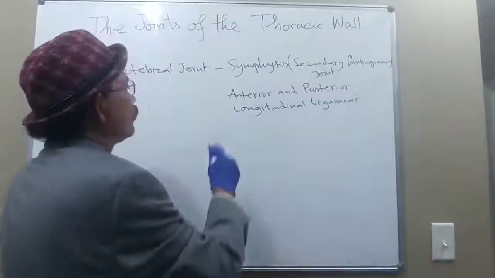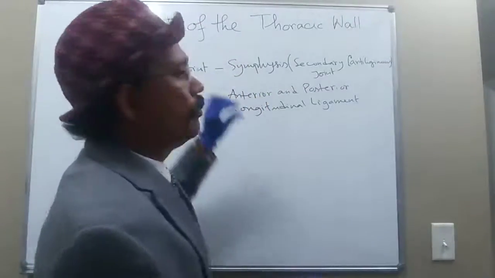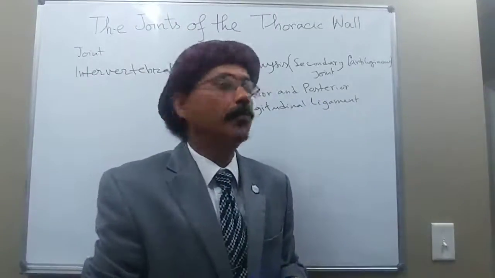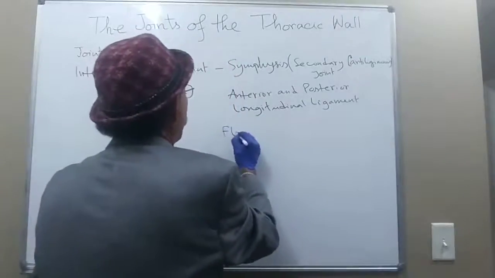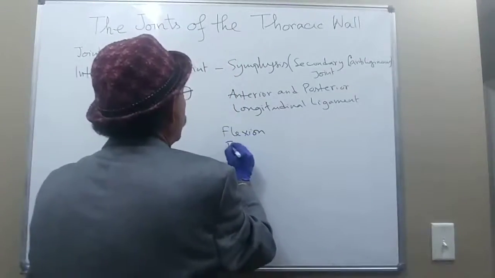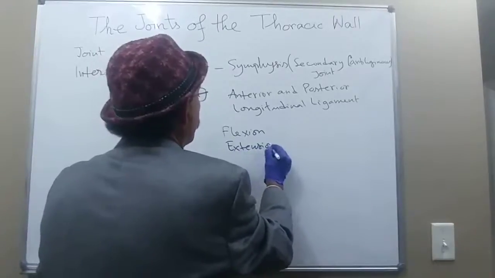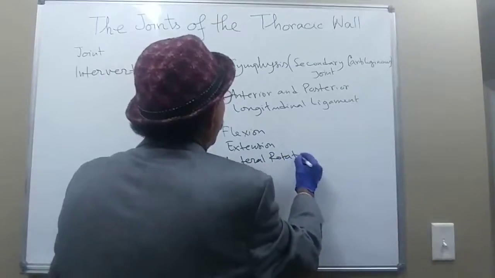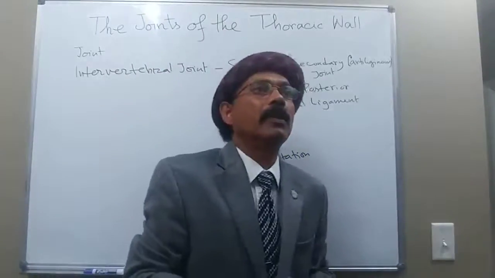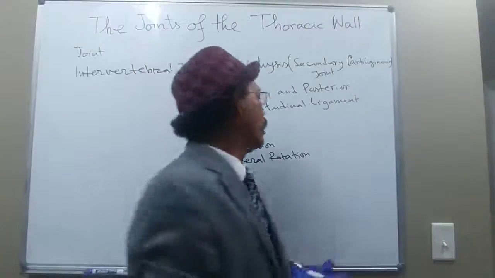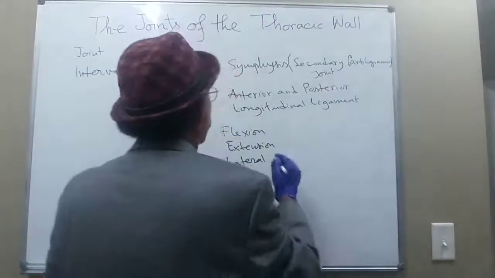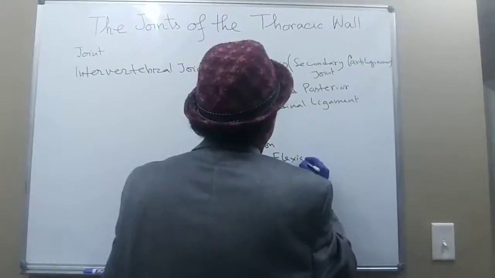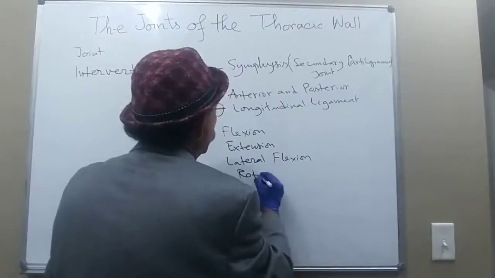As for movement, between two bones the movement is minimal. When we combine all the bones together, then we have plenty of movement: flexion, extension, lateral flexion and rotation.